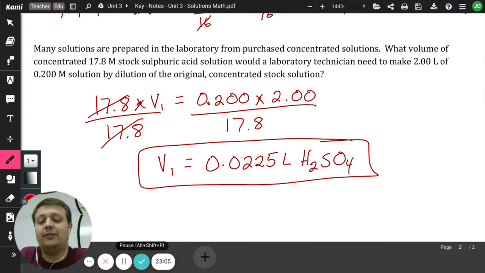So I have 17.8 times my volume 1, which is what I'm looking for, equals 0.200 times 2. Divide both sides by 17.8, and we will find that our volume needed would be 0.0225 liters of H2SO4.